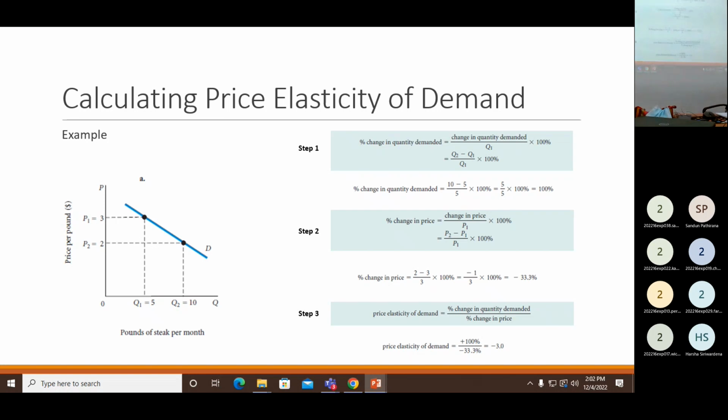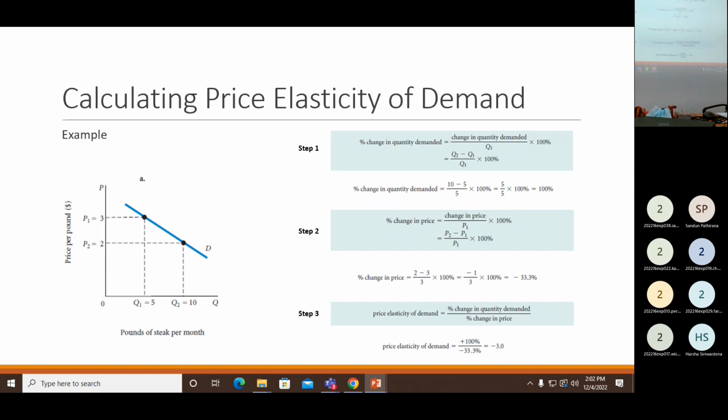The product they have taken is steak, with pounds of steak per month on one axis and price per pound of steak in dollars on the other.